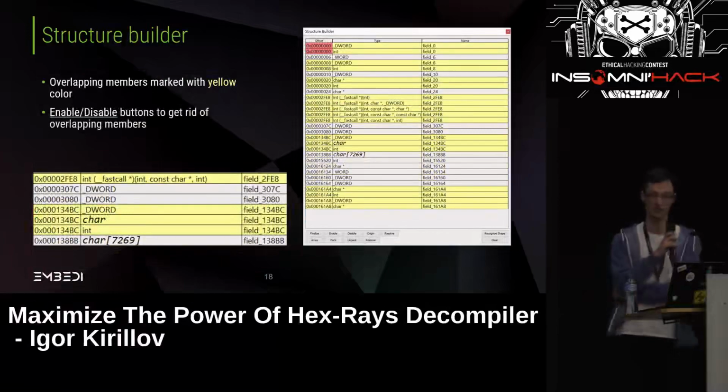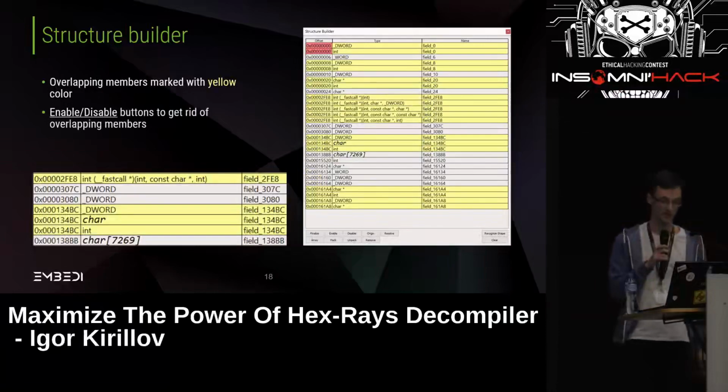So what does the structure builder allow us to do? Here you can see that potential members get dummy names like field with offset. As the amount of collected information can be quite big, overlapping candidates for being a member are marked yellow. It is possible to select which candidates to keep and which to skip with the enable and disable buttons.